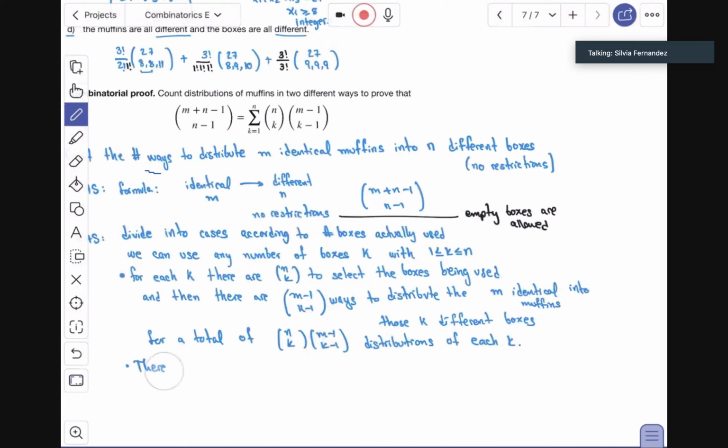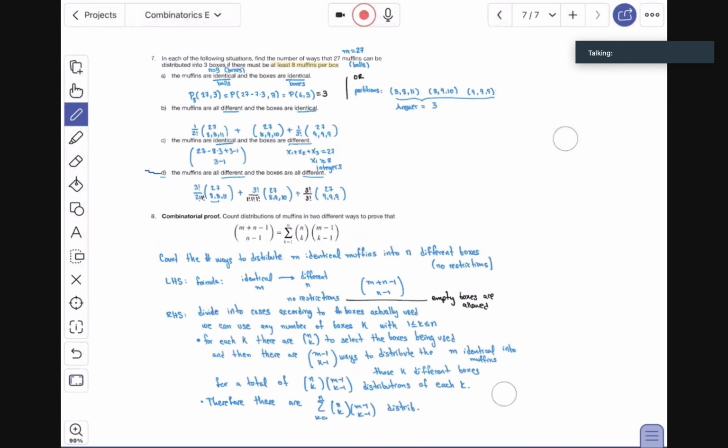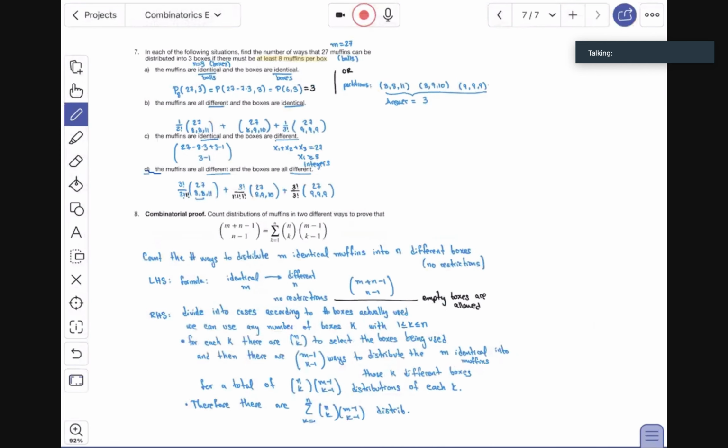Therefore, there is just a sum. And that's it. Okay, any questions?